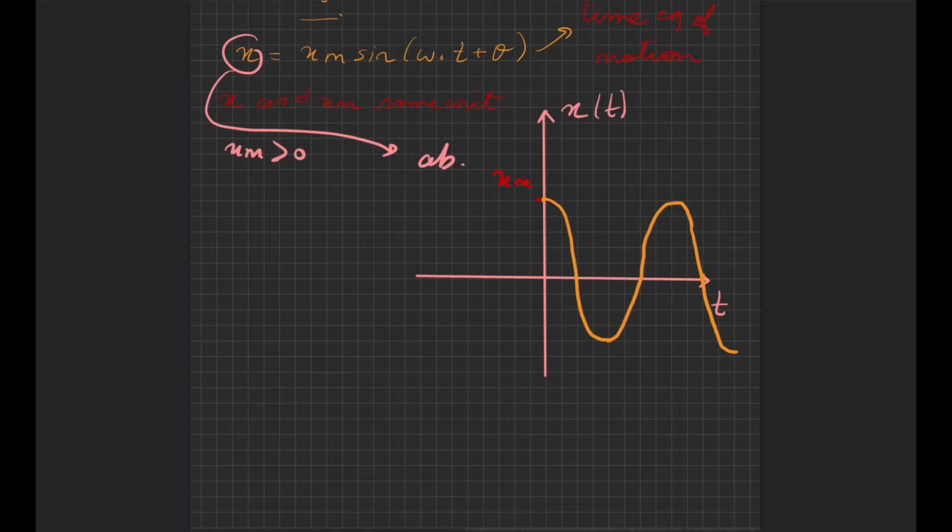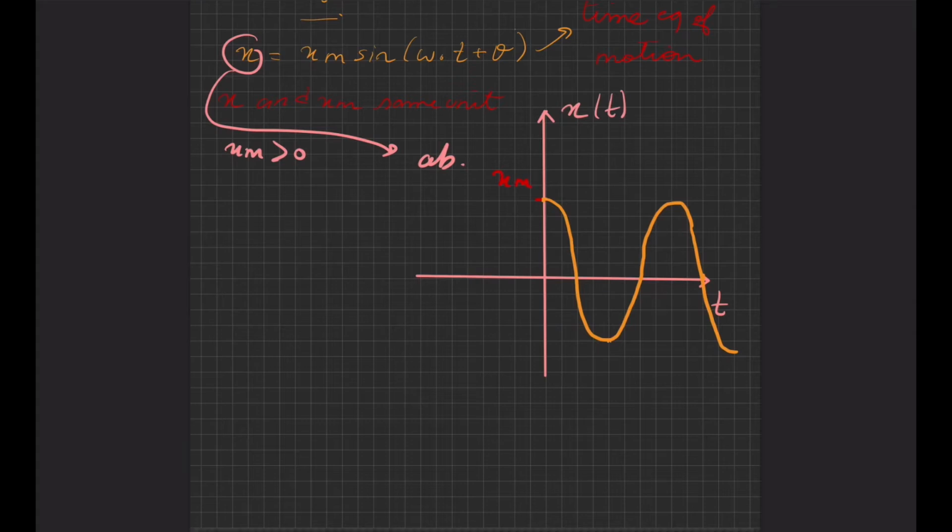So the position x starts at xm. x starts decreasing, and then it reaches 0. Then it would go negative, and then it will increase in the negative, and then it will start increasing again till the maximum, and so on.